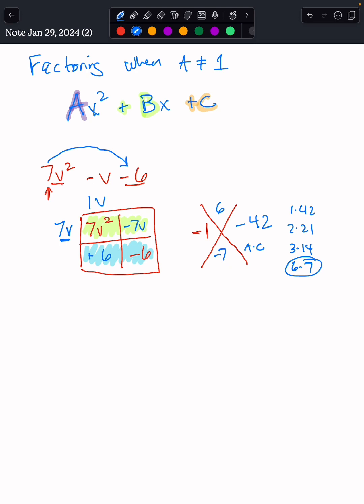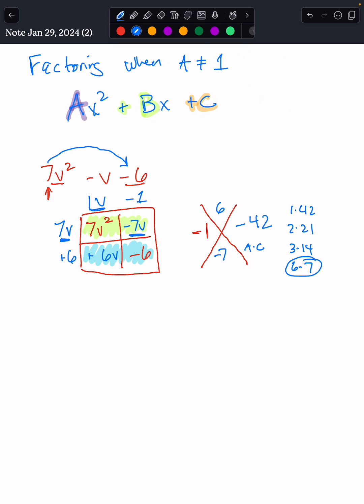The next thing you have to do, you have to identify 7v times what makes this negative 7v. And that answer is negative 1. Okay? Now I have to figure out on this bottom row, how do I get 6v? Well, I could do 1v times this number gives me 6v, and that answer is going to be 6.